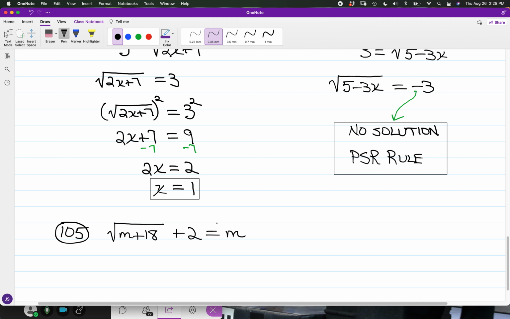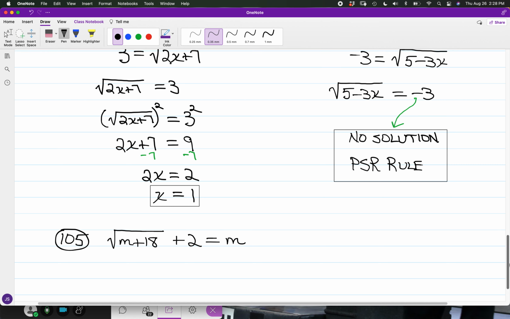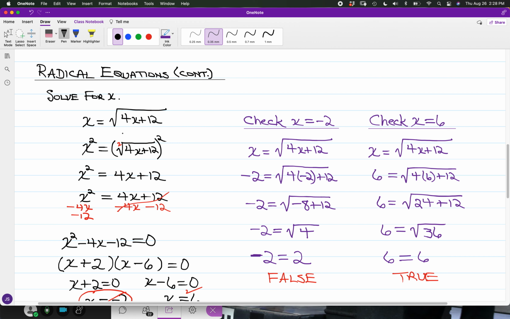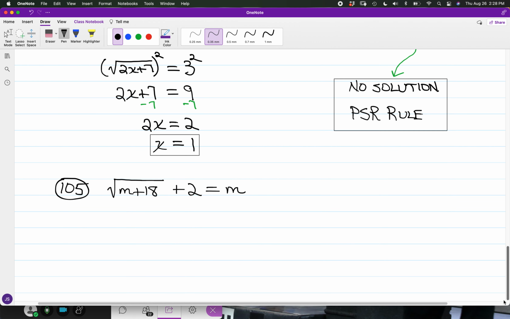So m appears twice. We have a situation similar to what we had where x appeared twice.